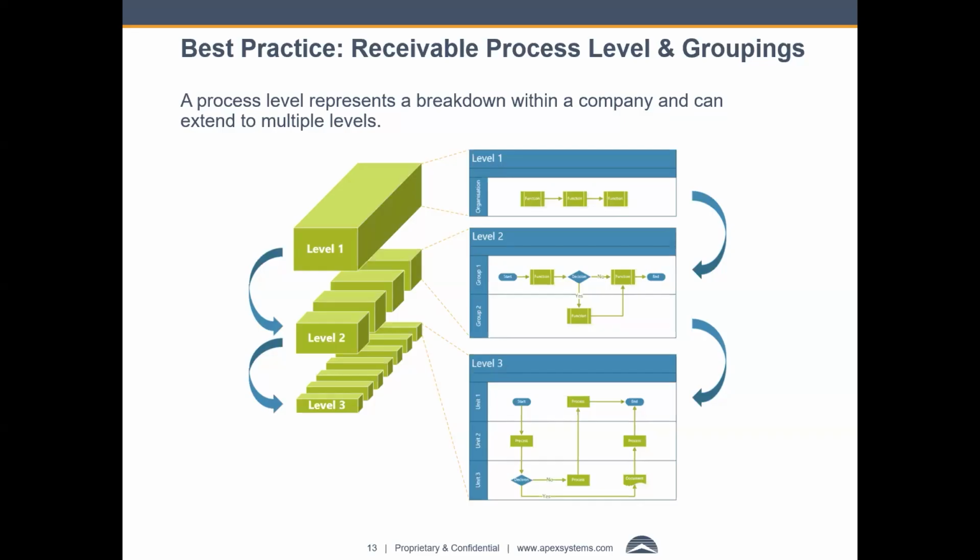As we reviewed, and to reiterate some of the points mentioned by Beverly, before you begin setting up your process level parameters, you must complete your general ledger codes, your receivable codes, and your receivable company, which we will go through in a little bit. Process levels that relate to each other can be grouped and reported on based on the categorization that your company follows and based on your policies and procedures as well.